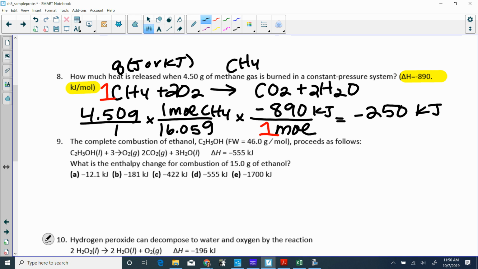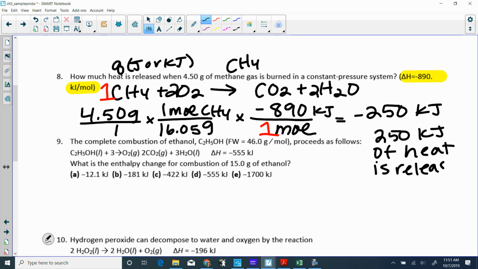How much heat is released? So is your answer going to be positive or negative? Positive. 250 kilojoules of heat, it's an explosion, is released. The answer to the math is negative 250, but the answer to the question is 250.